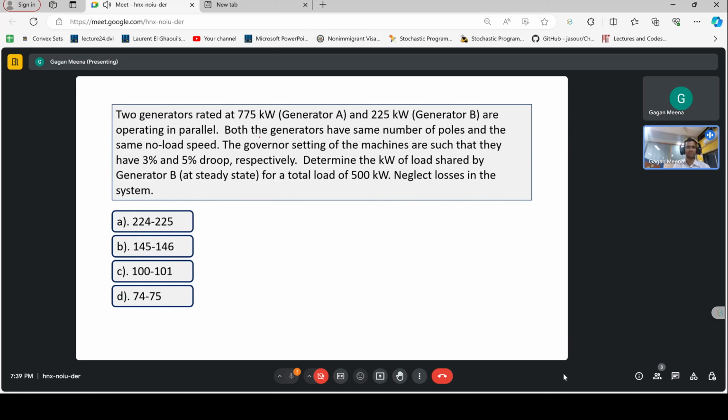Determine the kilowatt of load shared by generator B at steady state for a total load of 500 kilowatts. So total load is 500 kilowatts.